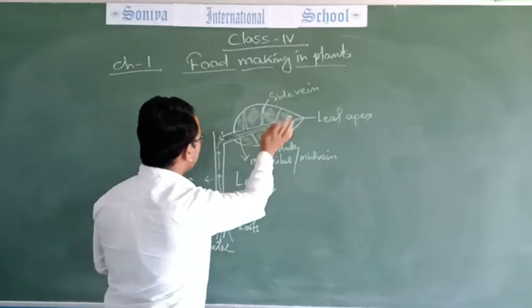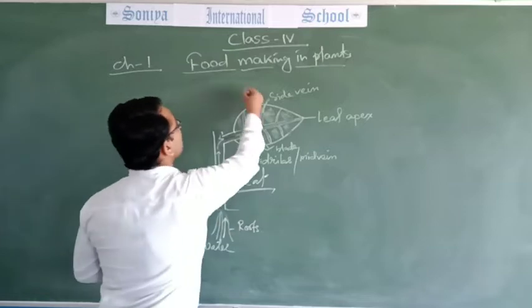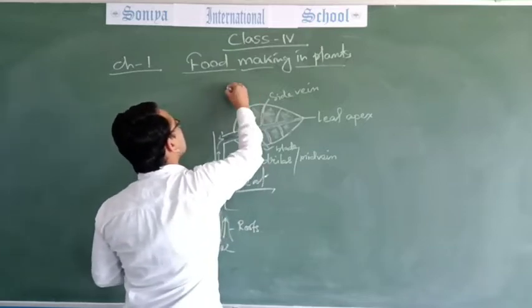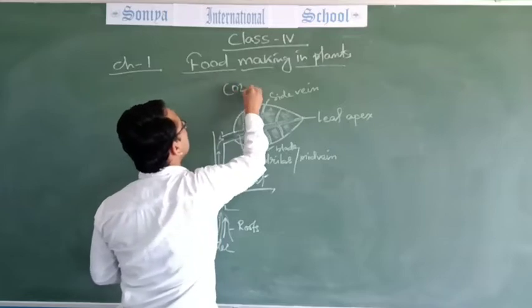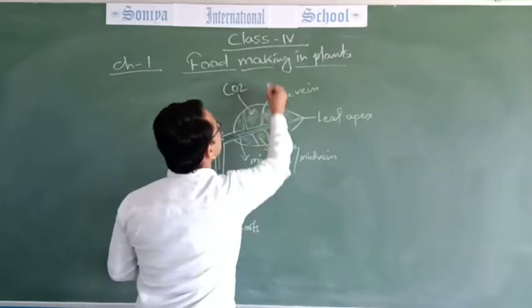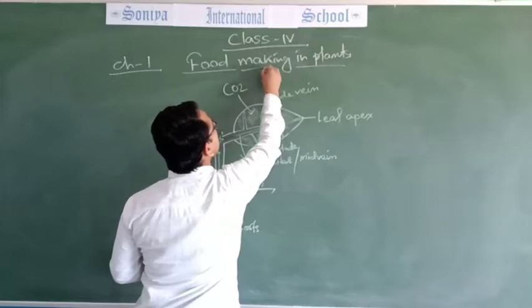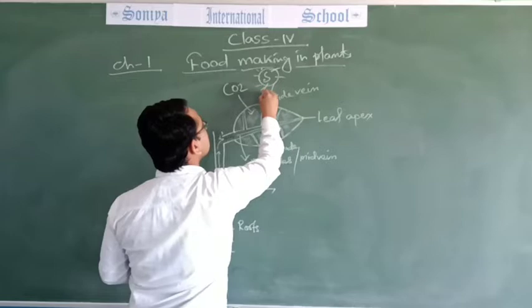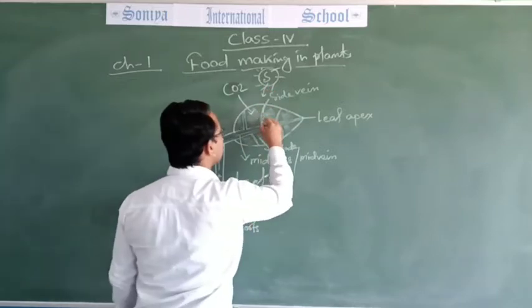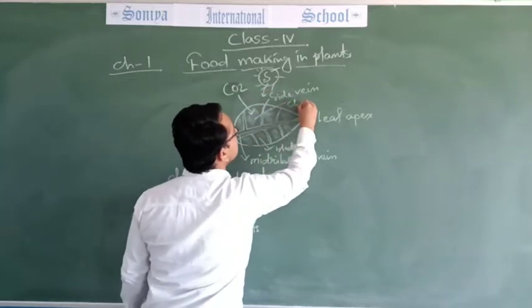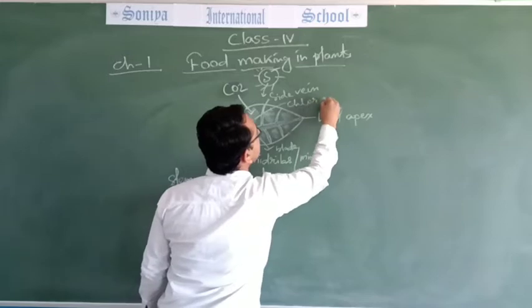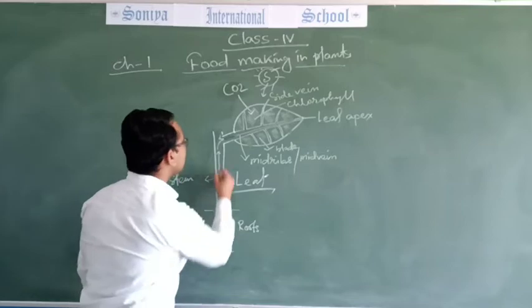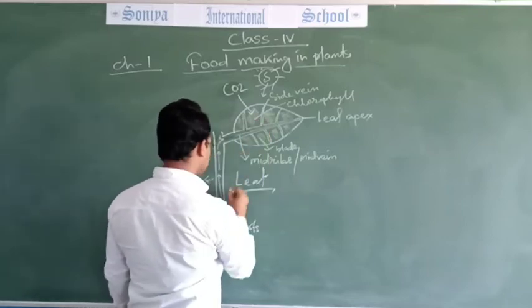So, water, carbon dioxide, that means CO2, and sunlight. Here is chlorophyll, and there is water.